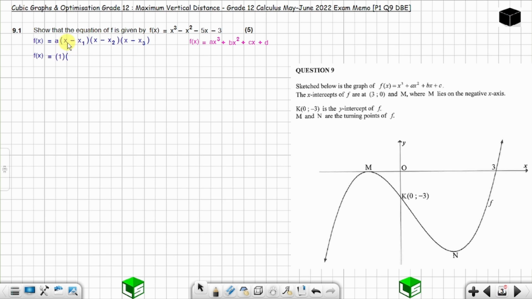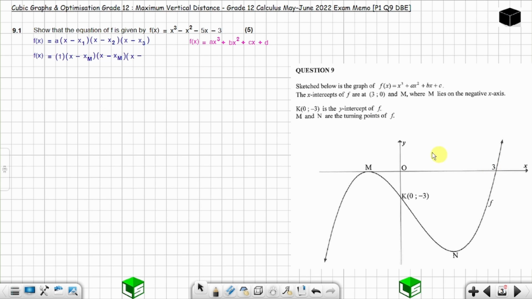So you have x minus the first x-intercept, m. The x-coordinate of point m, we are going to call it xm. This is still our second x-intercept, so you're still going to have x minus xm. Let's carry on.